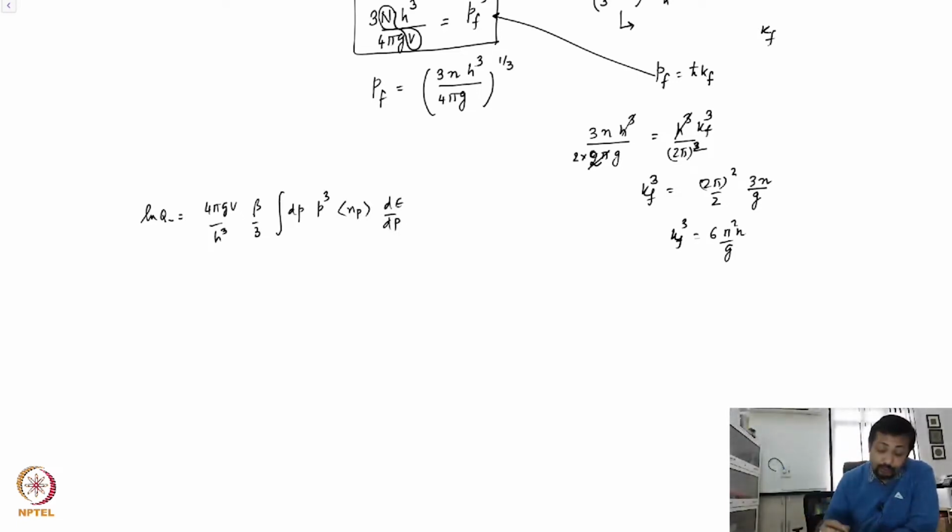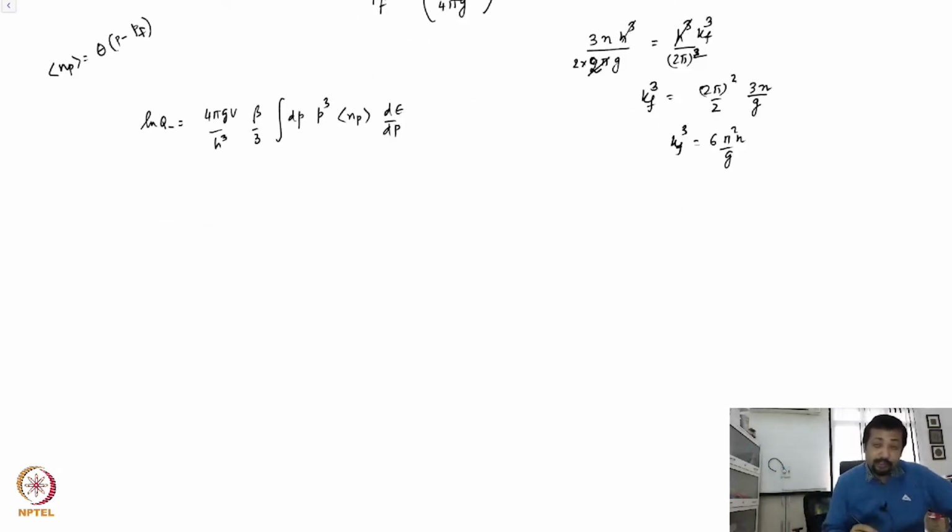Strictly at t equal to 0, I know that np is going to be theta of p minus pf, which essentially means that all momentum levels from 0 to pf are filled, just as we had seen for the degenerate Fermi gas at T equal to 0, so that this limit which goes from 0 to infinity is now replaced by beta over 3, 0 to pf dp p cube d epsilon dp. This is strictly at T equal to 0, and we will use this later on.